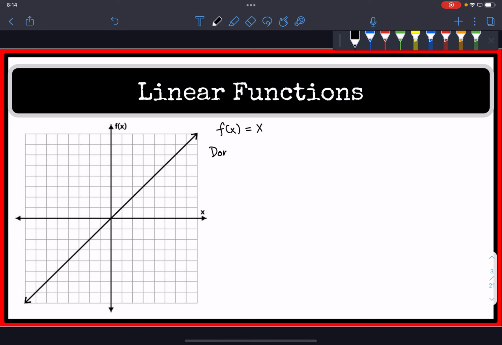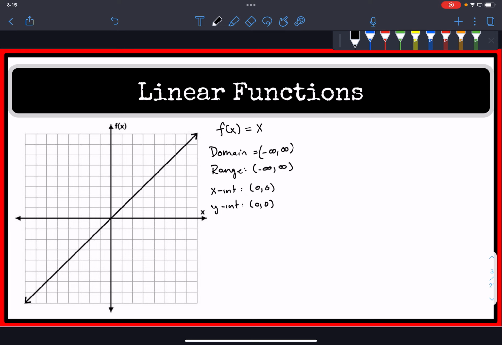Now the domain for this function is the interval of all real numbers from negative infinity to positive infinity. And the range is the exact same thing. It's all of the y values from negative infinity to positive infinity. As you can see, it has an x-intercept at the origin at 0, 0, and it crosses the y-axis also at the origin at 0, 0.